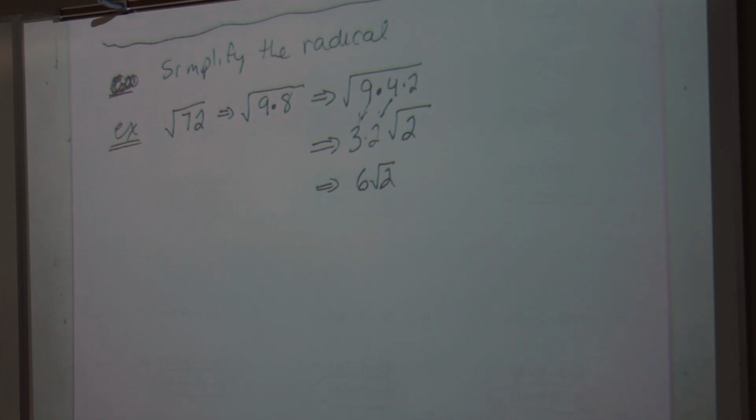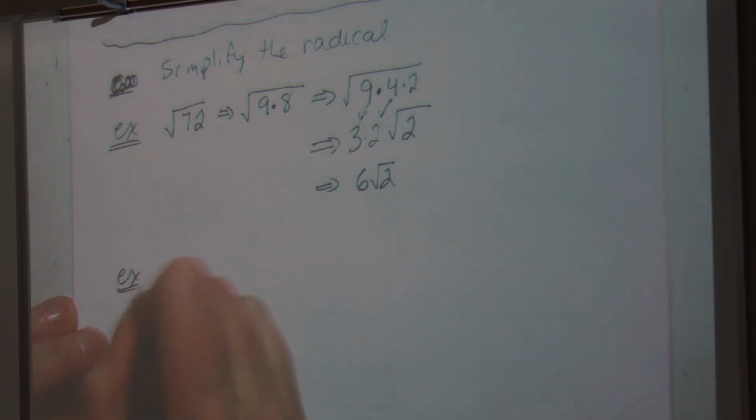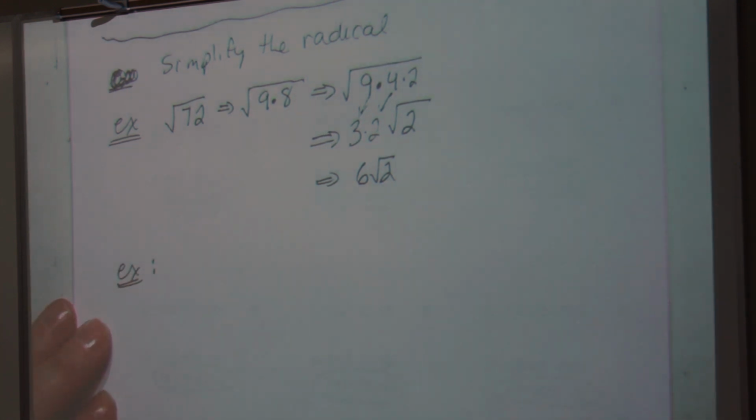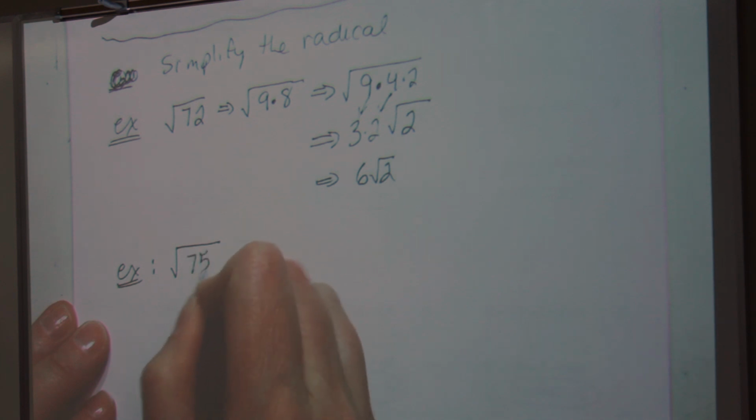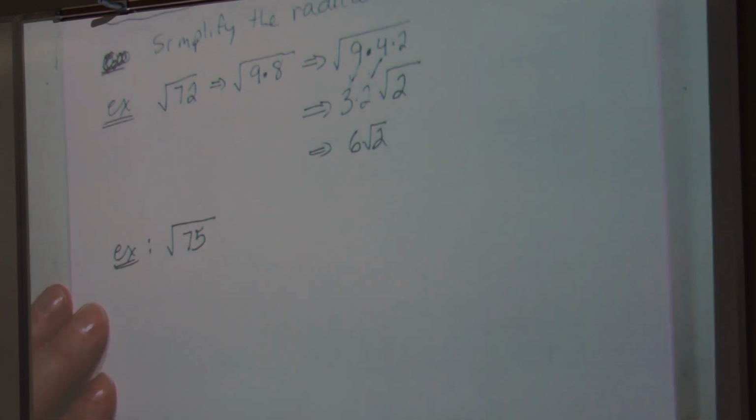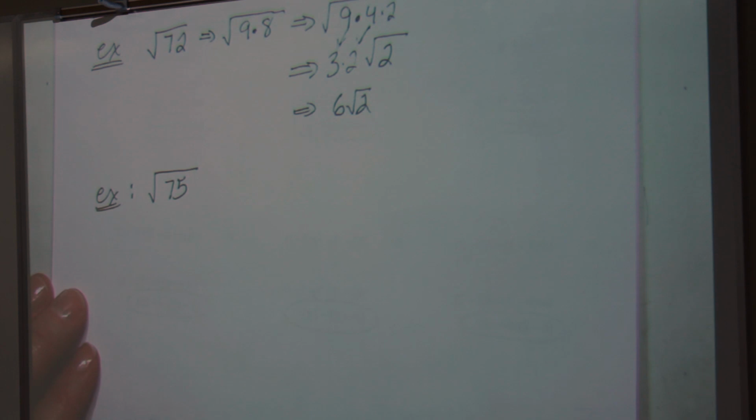Okay. Let's do another example. Let's try the square root of 75. Break it down for me.